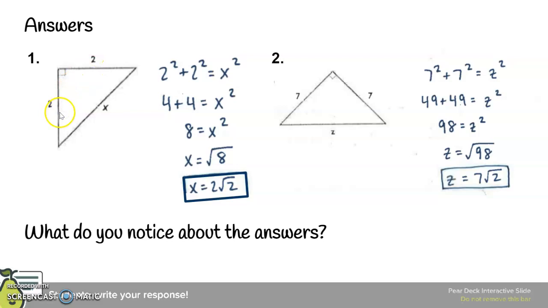So each of these were 2, and then your solution, which was 2 root 2. Same thing here. You can go ahead and notice that the legs that were given to you were 7, and your solution for the hypotenuse was 7 root 2. So go ahead and jot down on your note sheet a little note that you might notice between the original legs and your answer for the hypotenuse.